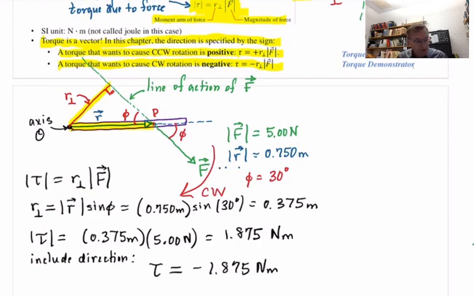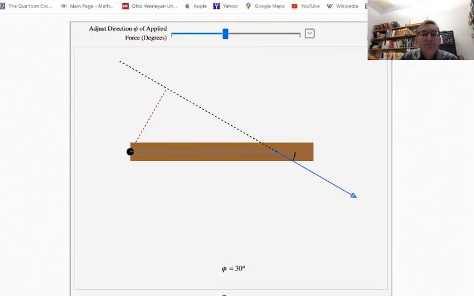Now let me go back for just a moment to the animation, because I want to look at that a little more. So that's what we have going on in this scenario. The force is applied down and to the right, 30 degrees below the horizontal, with a given magnitude R and a given magnitude F, and we get a negative torque, and we just quantified it, negative 1.875 Newton meter.